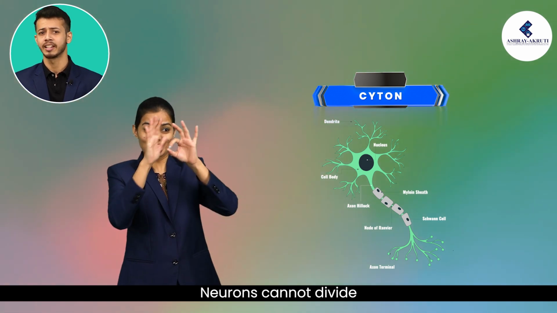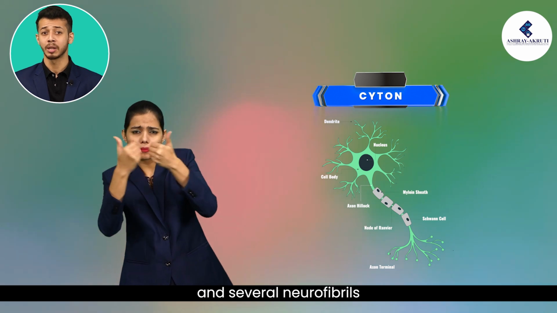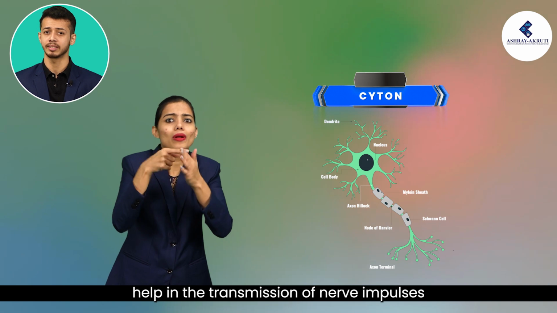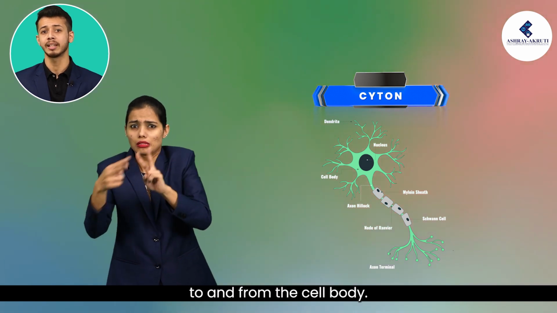Neurons cannot divide, and several neurofibrils present in the cytoplasm help in the transmission of nerve impulses to and from the cell body.